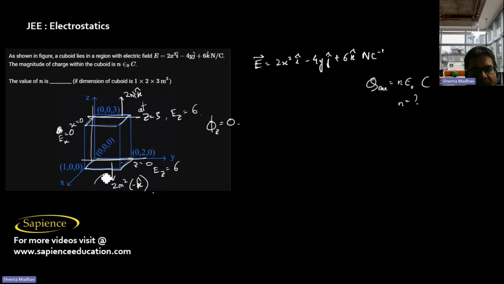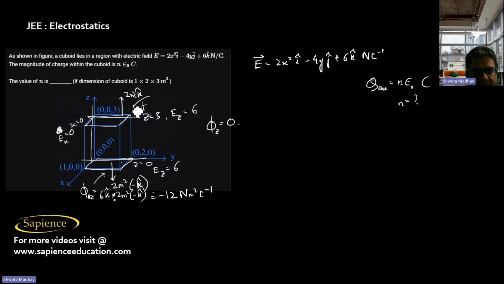Therefore for this surface, the flux phi 1z is 6 k cap dot 2 meter square minus k cap, that is minus 12 Newton meter square per coulomb.